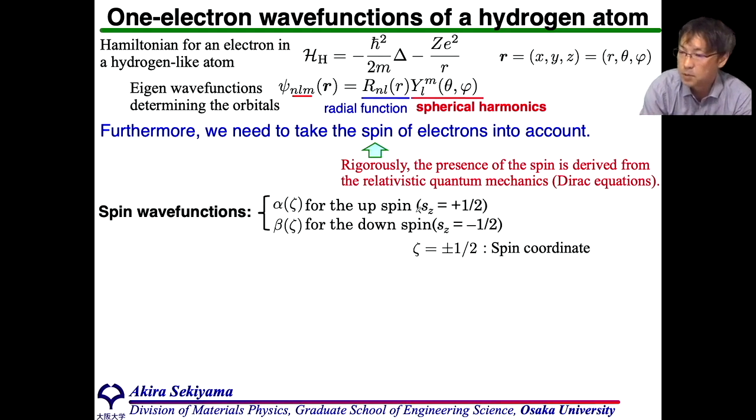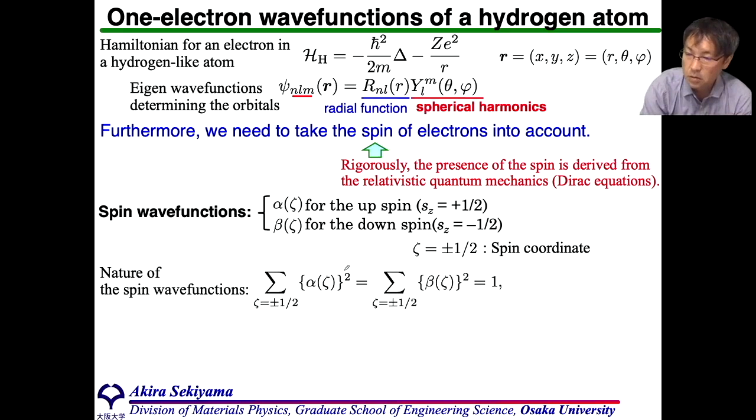Alpha for the up spin, S_z of plus 1/2, and wave function beta for the down spin, S_z of minus 1/2. So this z stands for the spin coordinate, taking only two values, plus minus 1/2. Then the spin wave function has this nature, so also normal nature, like this one.